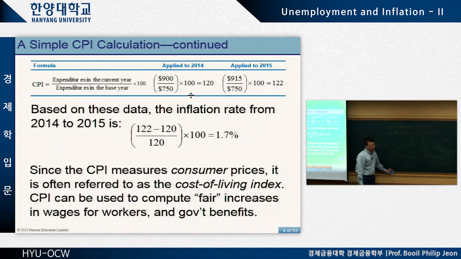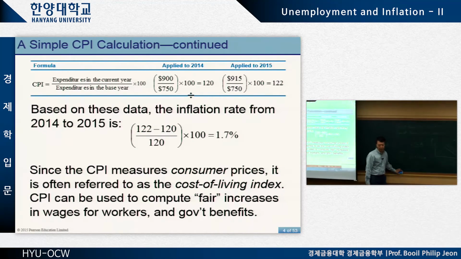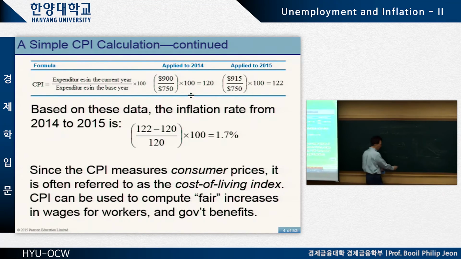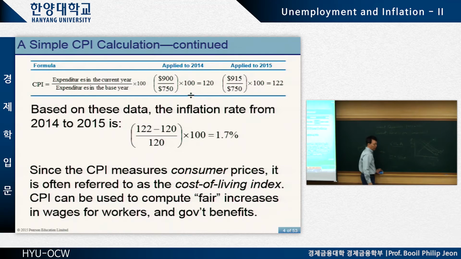What that means is if you work for this company or you're a member of this labor union, your wage will increase by 3% every year, and then you will also get some cost of living adjustment. Let's say during the last year the CPI number was 4%, which means the cost of living increased by 4%.